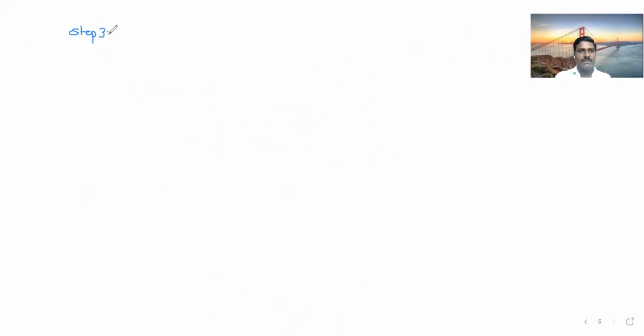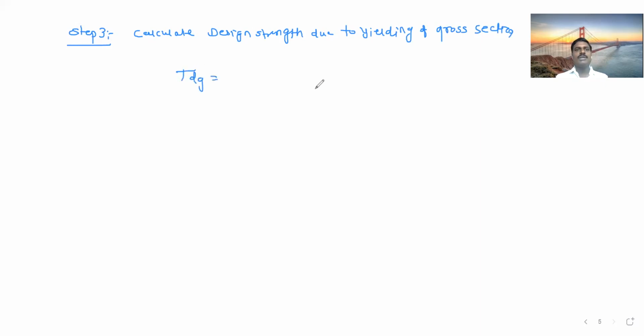Next step, step number 3. So what is step number 3? Calculate the design strength due to yielding of cross section. Again, we have to use the formula TDG, where D is for design, T is for tension, and G is for gross.